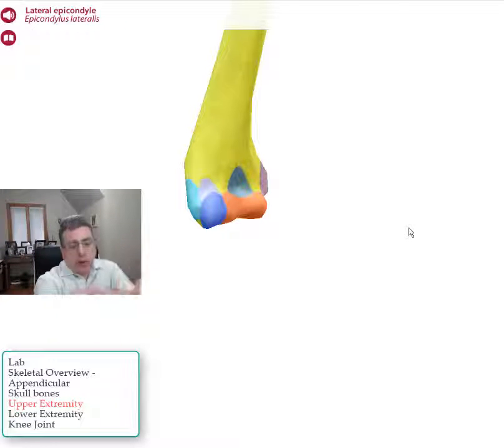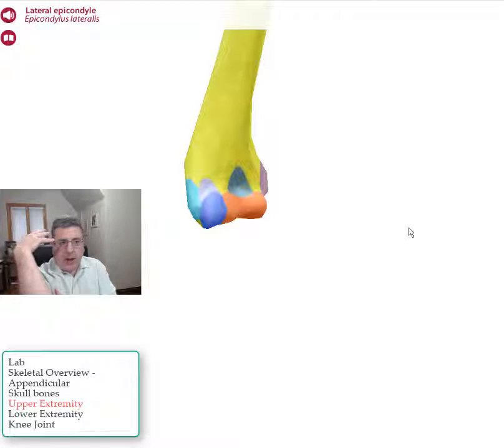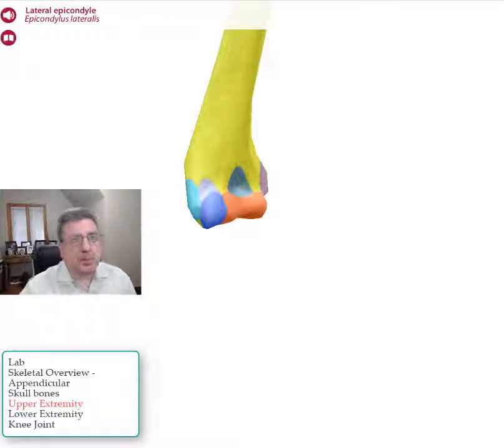If you put your hand on the back of your forearm and extend your wrist back, you can feel these muscles pull. Those muscles go to that portion, okay? Flexor muscles are going to be on the medial side.